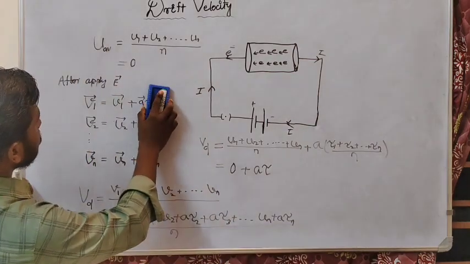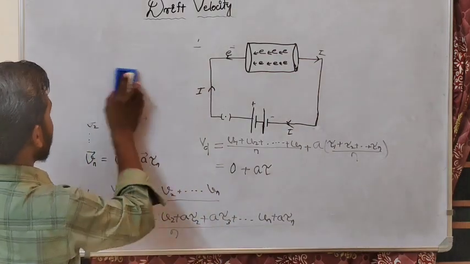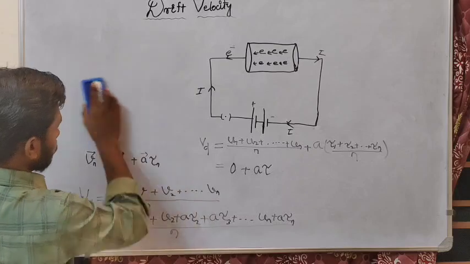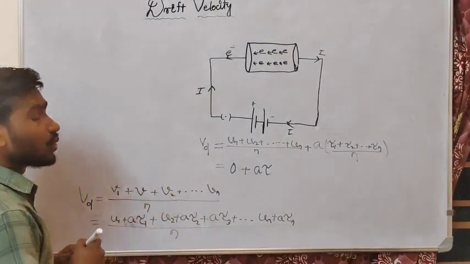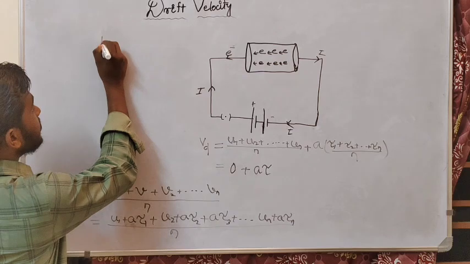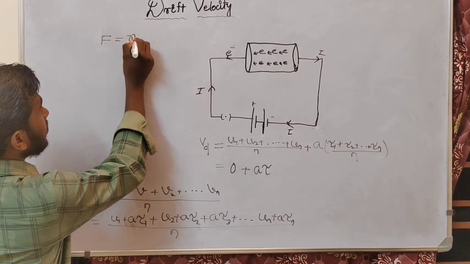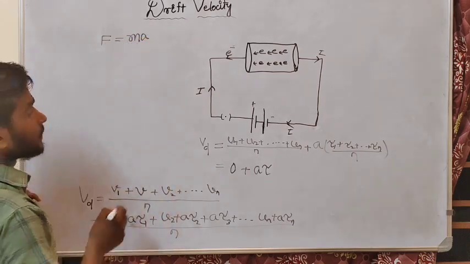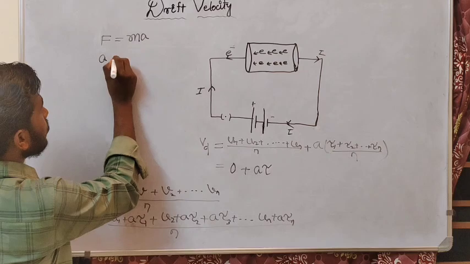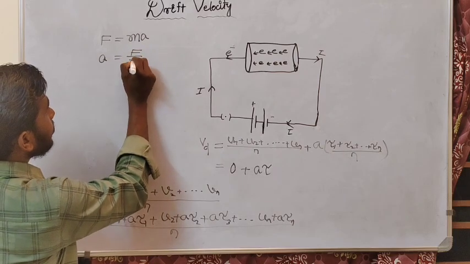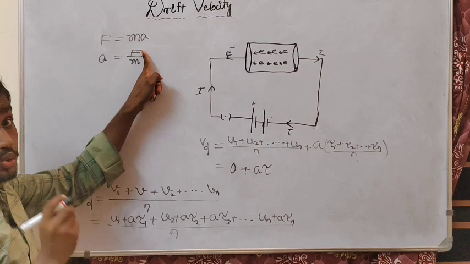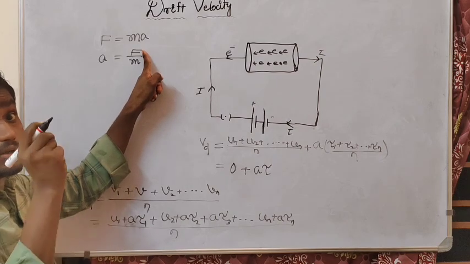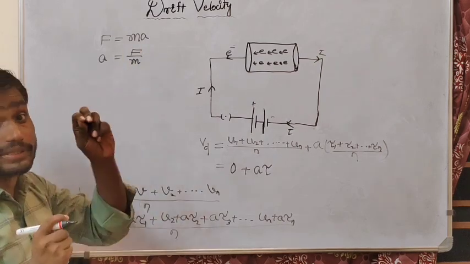Now we know F is equal to ma, so a is equal to F by m. Here the force is the force due to the electric field on the free electron.